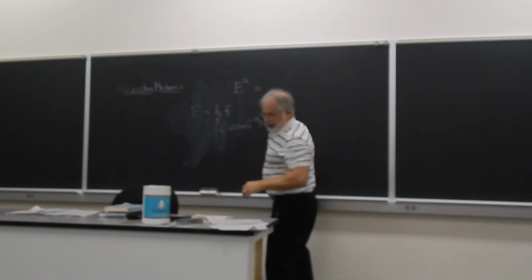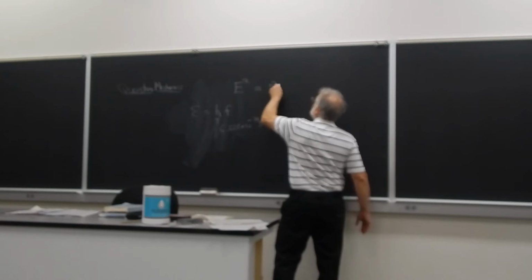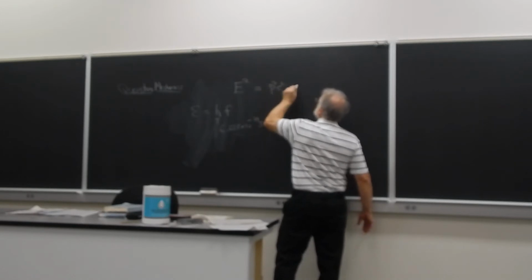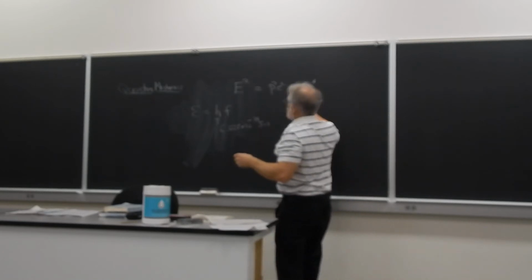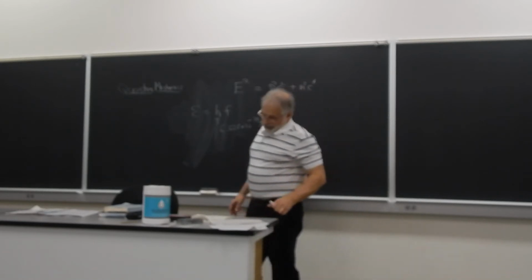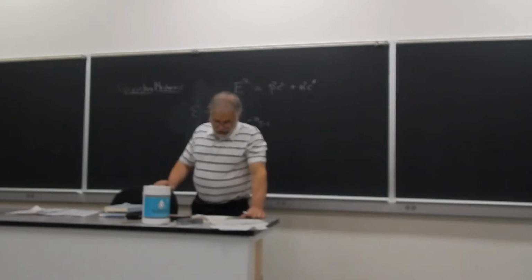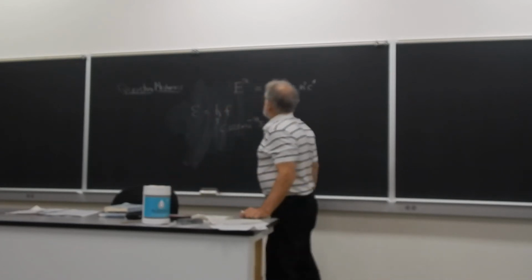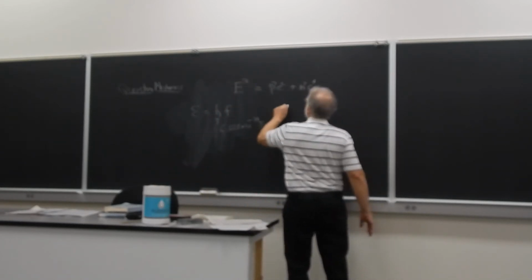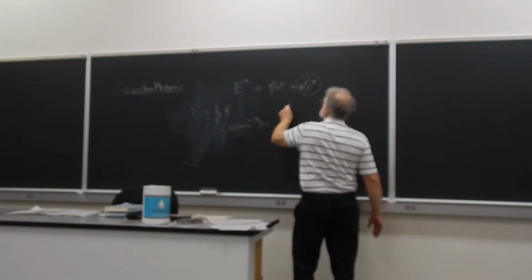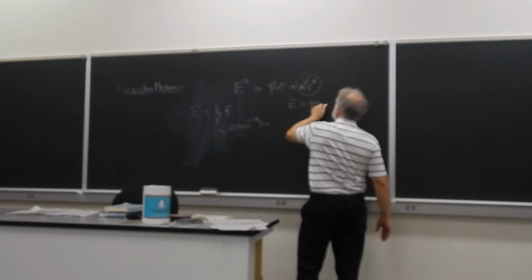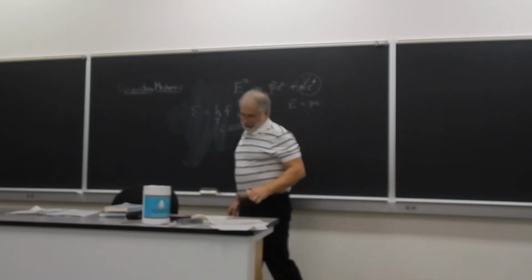E squared is equal to p squared c squared, momentum squared times the speed of light squared, plus m squared c to the fourth, which is the square of the rest energy of the particle. For particles with zero mass, like photons, this term would of course be zero, and so for those particles, the energy would just be p times c.